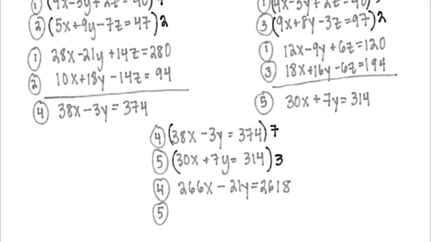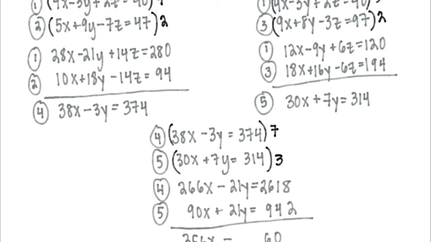The next one's going to be a little bit easier. We've got 90x plus 21y equals 942. We're going to add those together. I'm going to get 356x equals 3,560.